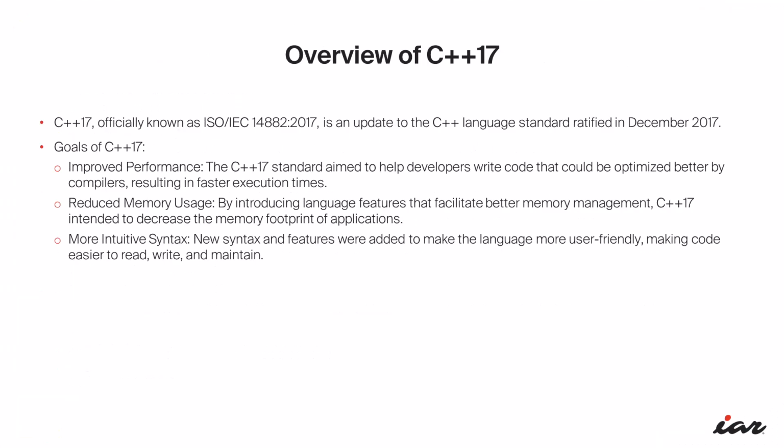C++17, as the name implies, was standardized in December 2017. It is known as ISO/IEC 14882:2017. Some of the goals of C++17 were improved performance, introducing constructs that would enable the compiler to optimize more, giving better code in both code size and execution times.